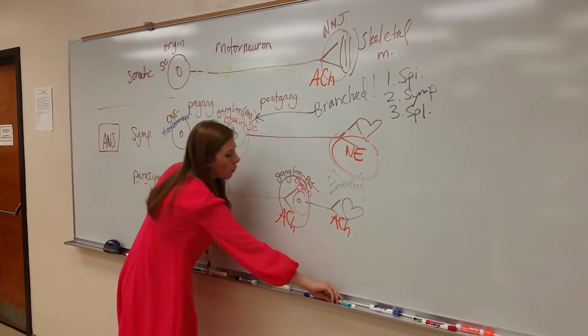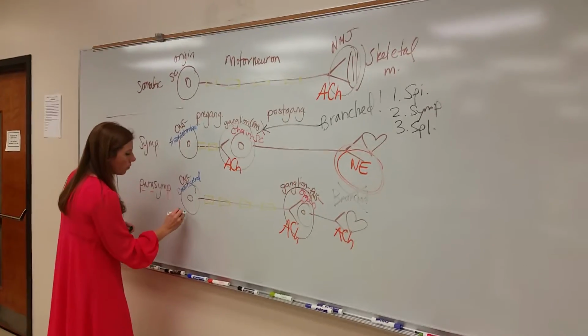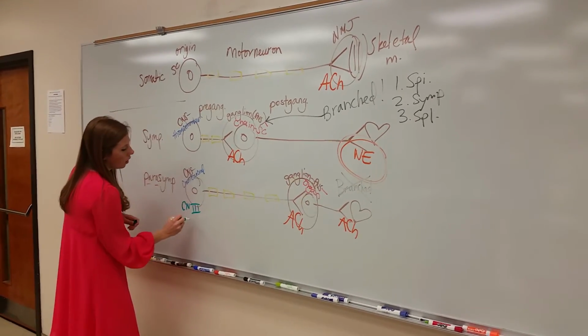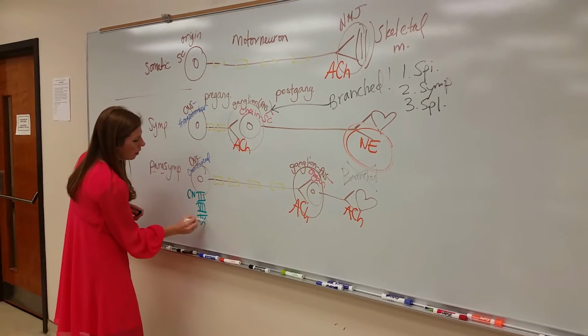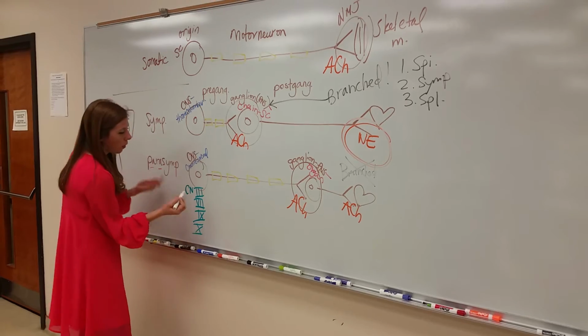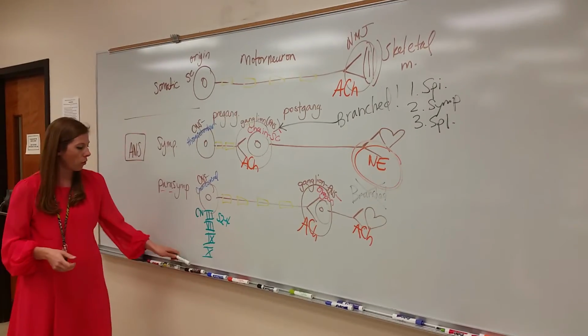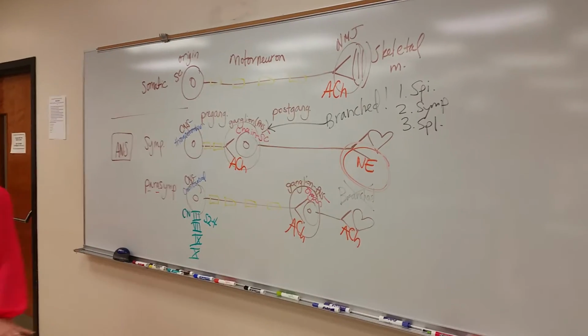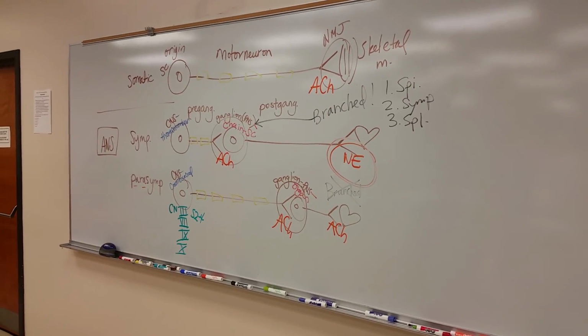You have to know your cranial nerves, 3, I think it's 7, 9, and 10, and your sacral 2 through 4, and what you have to know about those. That should help you remember almost everything you need to know from that lecture. There are maybe 10 definitions that aren't on there.